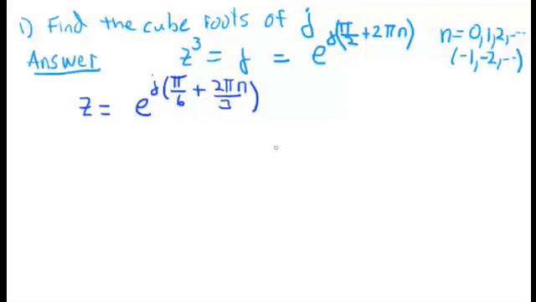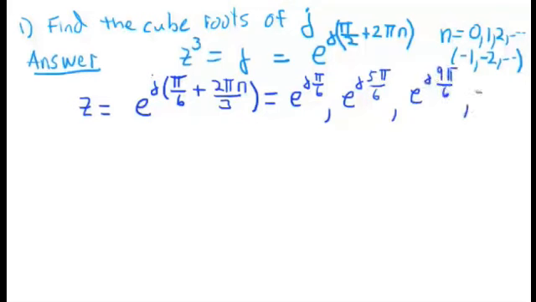We're adding multiples of 2 pi n over 3, and these are not all the same. Let's write out the first few terms. N equals 0, we get e to the j pi over 6. When n equals 1, that's 2 pi over 3 or 4 pi over 6. So we add that, we get e to the j 5 pi over 6. Next term is e to the j, we're adding 4 pi over 6, so we get 9 pi over 6.